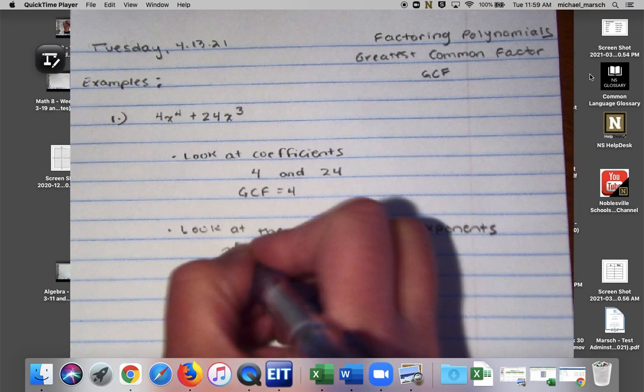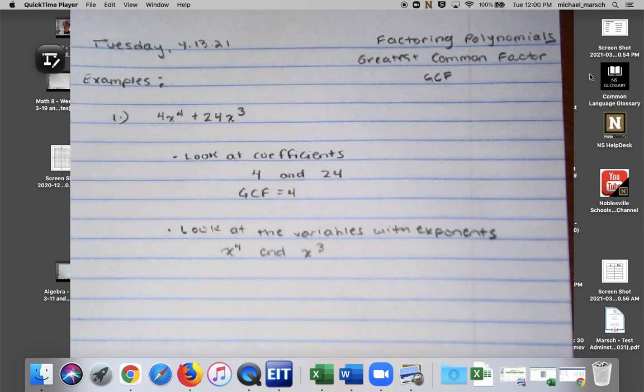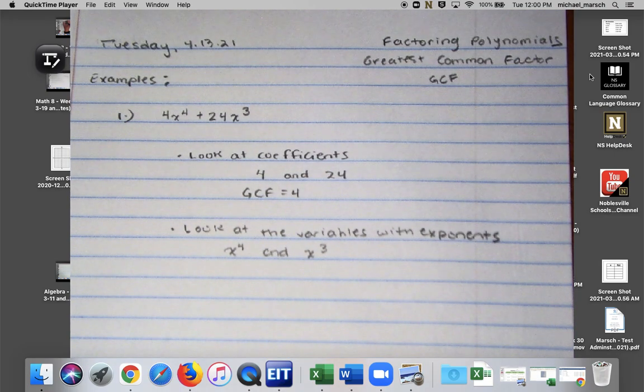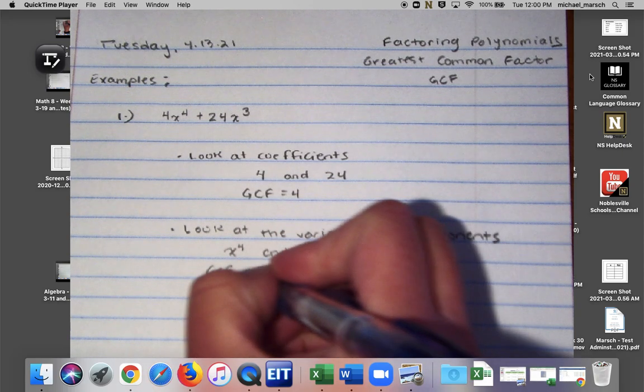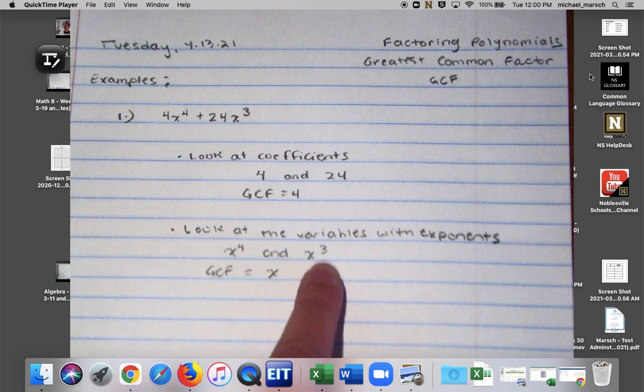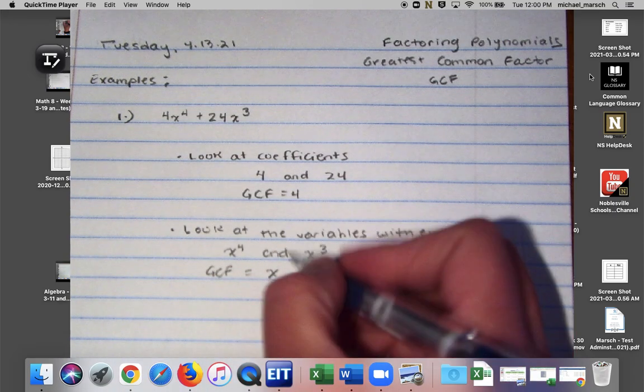So we've got x to the 4th and x to the 3rd. Okay, and we're going to ask ourselves, first of all, they both have x's, so that's going to be part of this. And then we have to take the smallest exponent value. That's what they would have in common, right? So our greatest common factor for these two variable terms is going to be x to the 3rd.